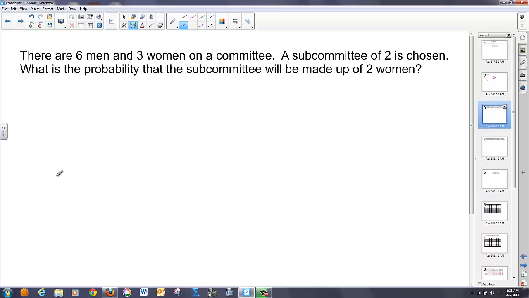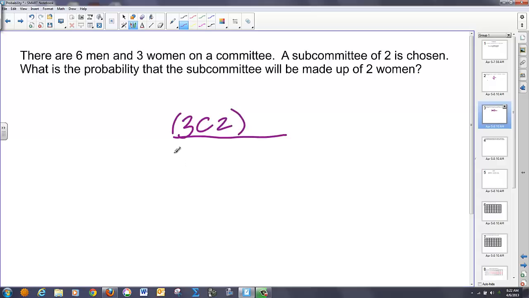So if we want on top the number of ways that we can be successful at this, then on top we have to choose just 2 women. We've got to make sure the men aren't involved in the picture. So if I'm looking at just the pool of women, I've got 3 women and I'm picking 2 of them. So 3C2.